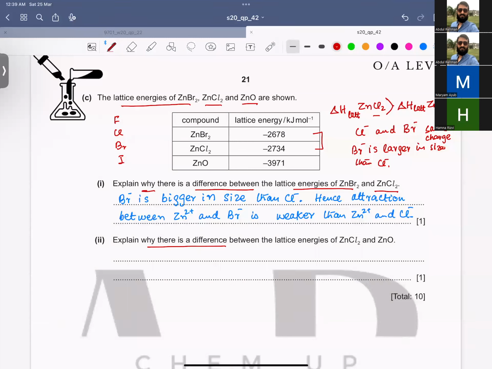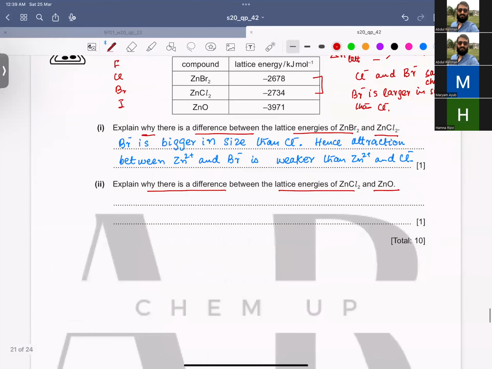Explain why there is a difference between lattice energy of zinc chloride and zinc oxide. Okay, so if you look at the position, here you have, for example, group 16 and there is group 17. So you will find oxygen over here and chlorine over here.